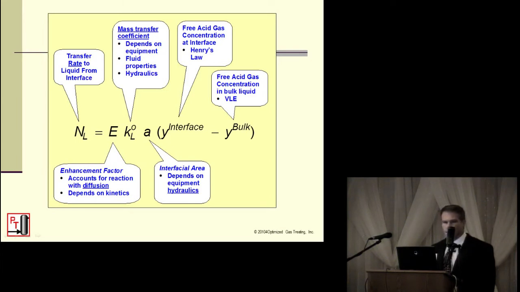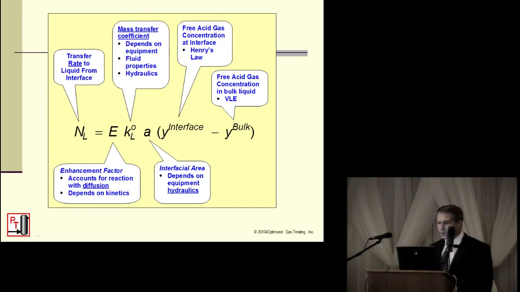Not only is it equipment dependent, it depends on the particular type of tray or packing that you're dealing with. Sieve trays perform differently than bubble cap trays and valve trays. The active area, the amount that the trays are loaded impacts the mass transfer coefficient, not just the VLE.